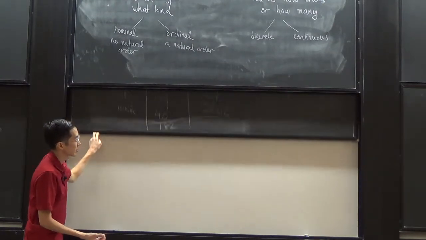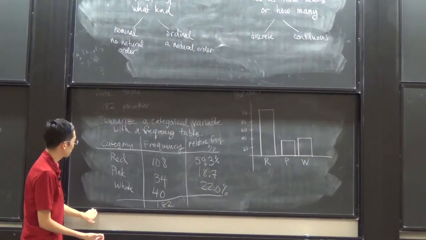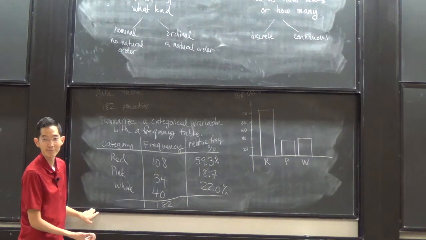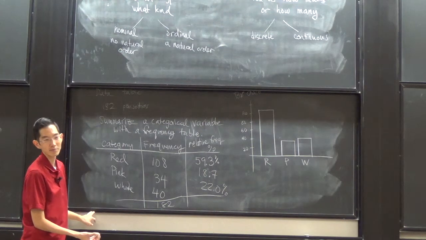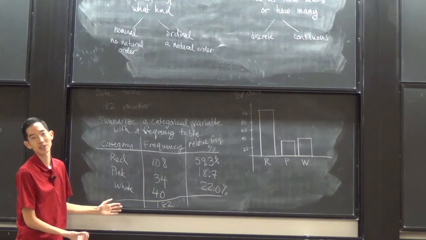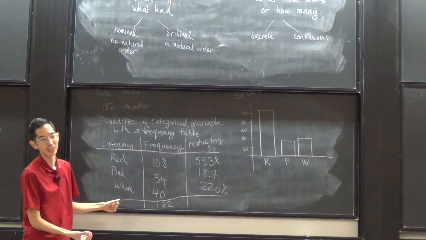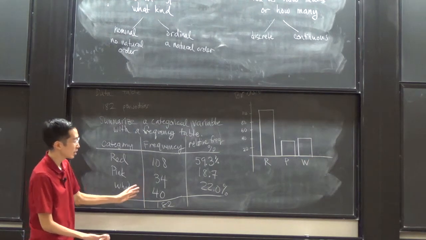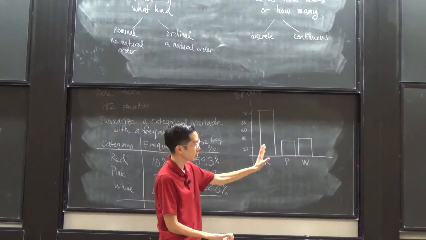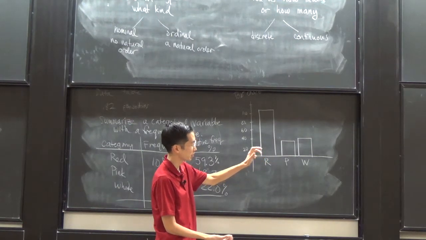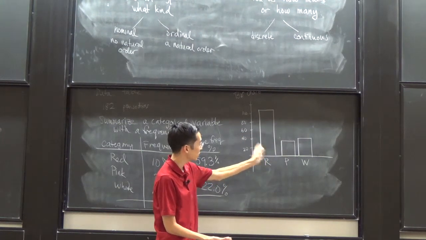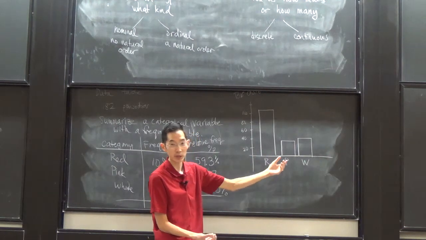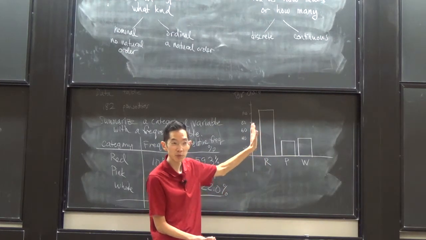Okay. So is color of the flower nominal or ordinal? Nominal, I would say. I guess one could argue that there's a natural ordering of dark to light or light to dark or something like that. And I guess that would be valid, but if we treat this as nominal, not ordinal, then we could rearrange these columns to say pink, white, red, or pink, red, white, and the table would be equally valid.